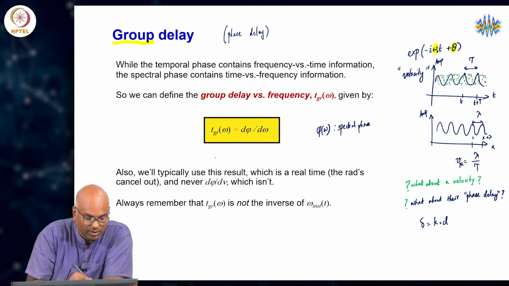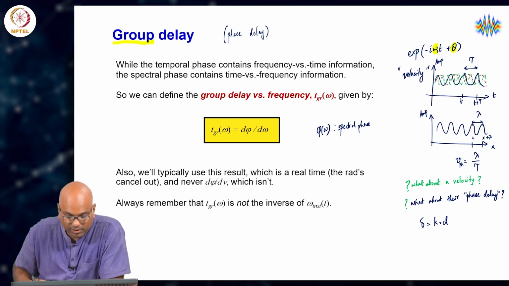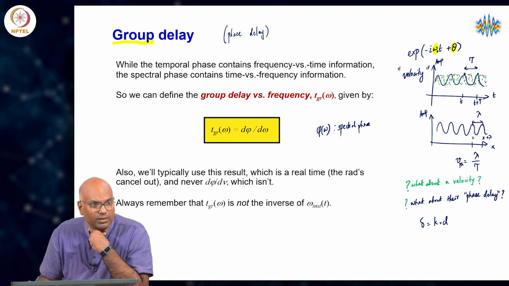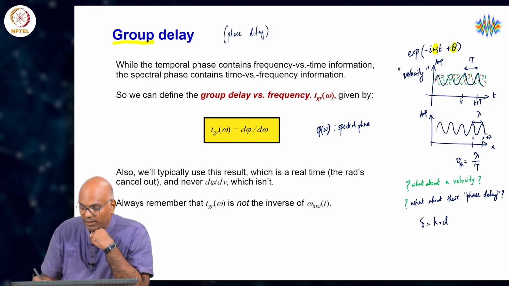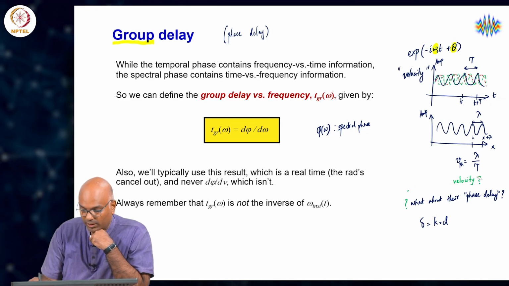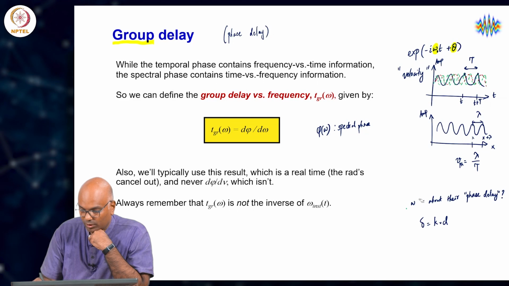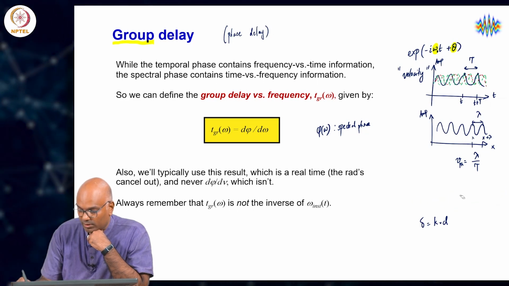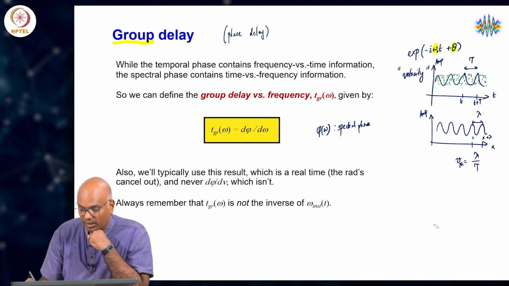This gives us a quantity which has units of time, okay, and that is the group delay. It is very straightforward for us to see that this quantity has units of time by going through the same exercise as we just did in the time frequency domain.